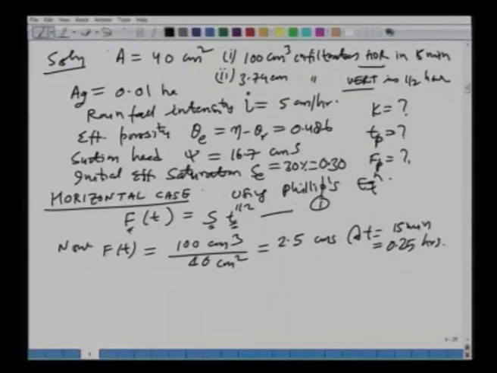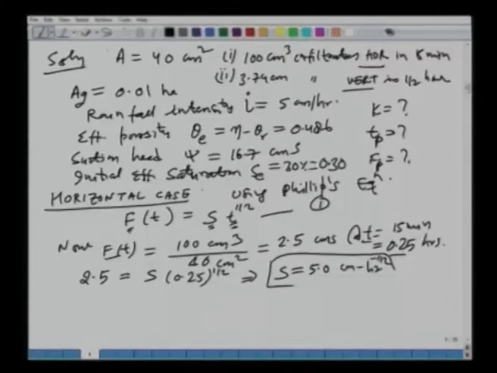So, I put the value of F and T in equation 1. If you do that, you will have 2.5 equal to S times 0.25 raised to the power half. That will give you the value of S as 5.0, and its units will be centimeter hour minus half, as per this equation.